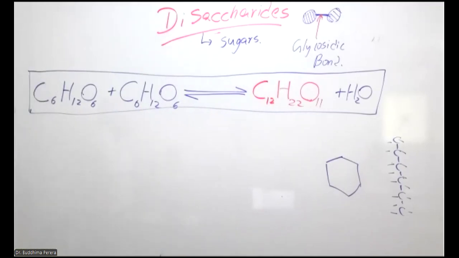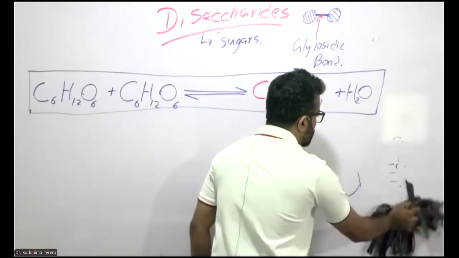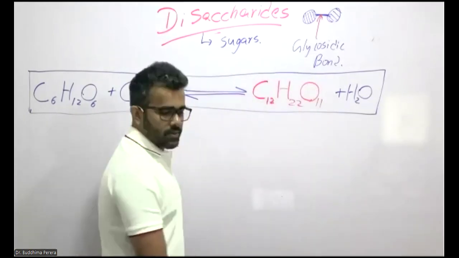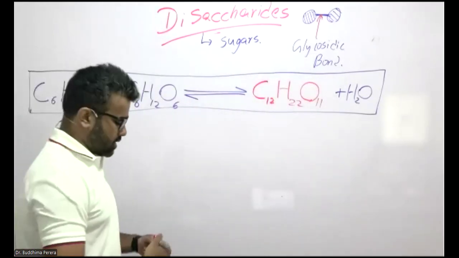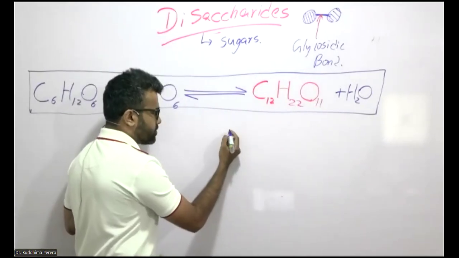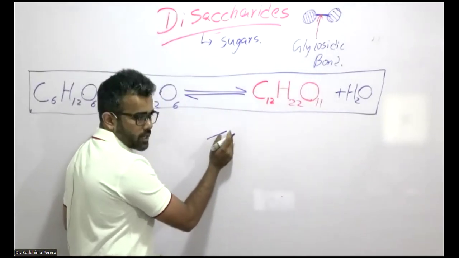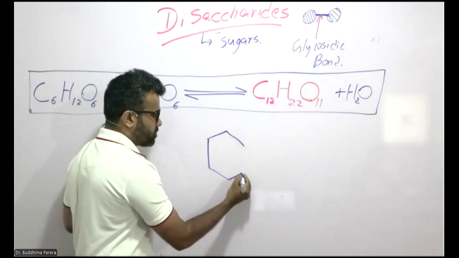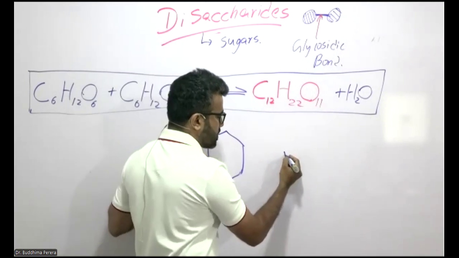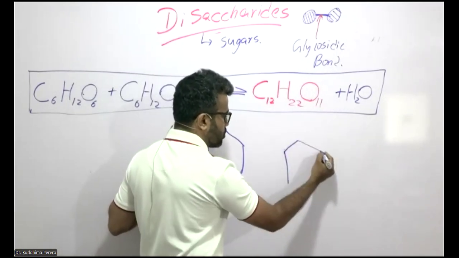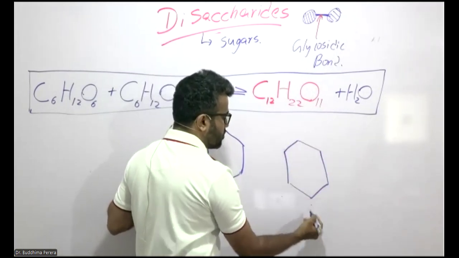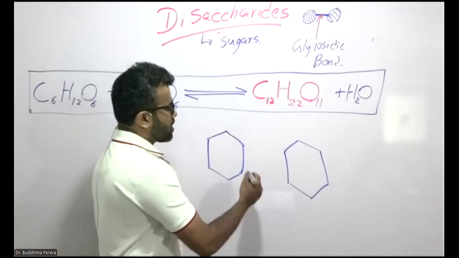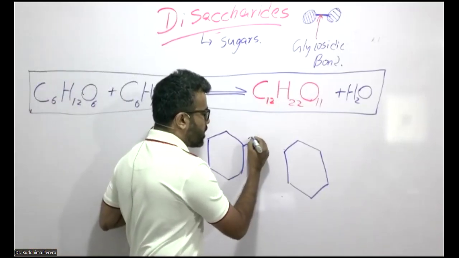I'll show you how a glycosidic bond will form. When there are two monosaccharides, here's one monosaccharide in ring form. Here's another monosaccharide, which is also in ring form in an aqueous medium. In these monosaccharides, there are hydroxyl groups, OH groups.